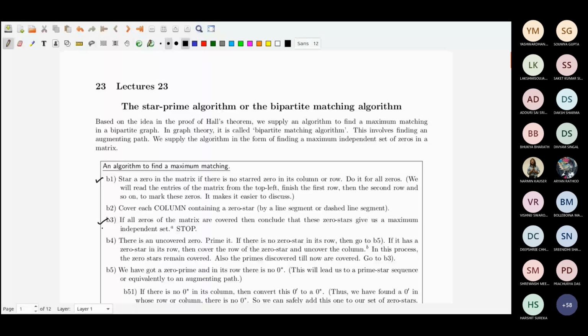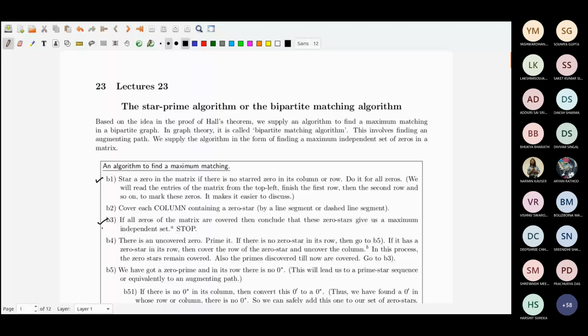And then it will ask whether there is a zero star in its row, the row of the prime. If there is a zero star, remember till now zero stars are all covered by column lines. So if there is a zero star, then what it will do? It will cover the zero star by a row now and uncover that column line.